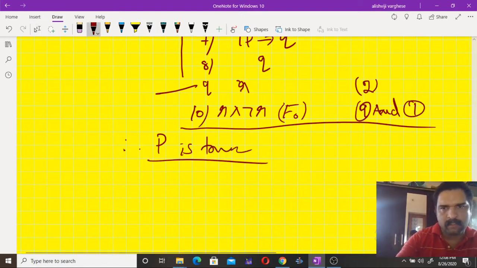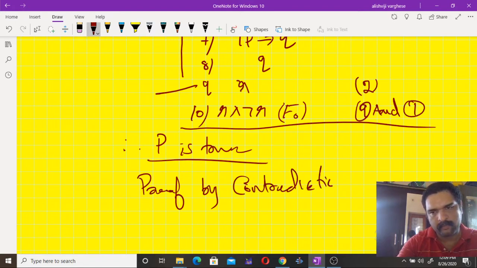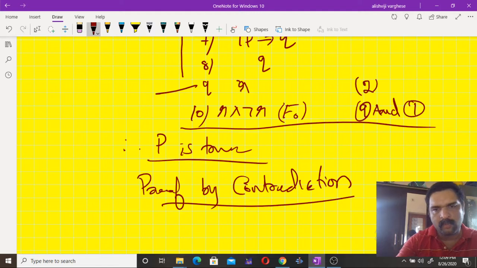And this is a strong method which we use to prove many of our results in mathematics, and this method is known as proof by contradiction.